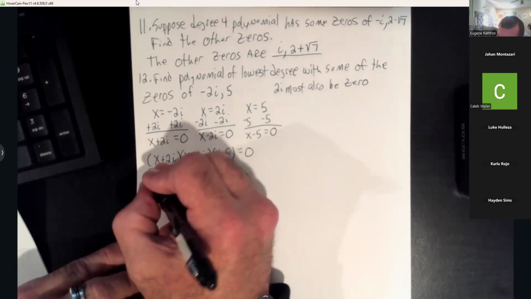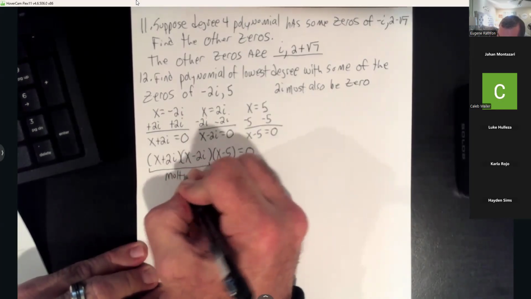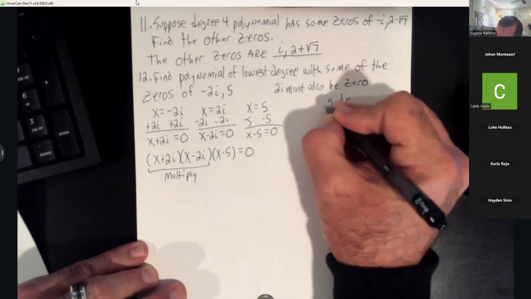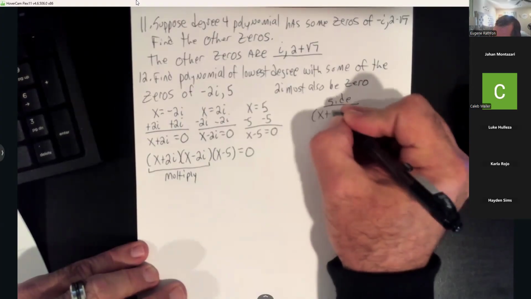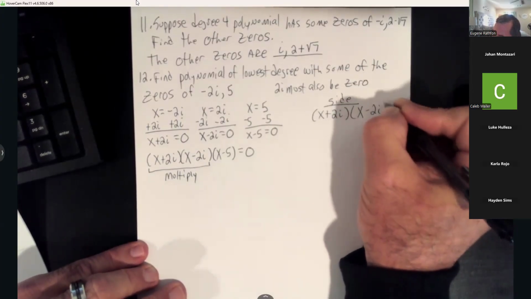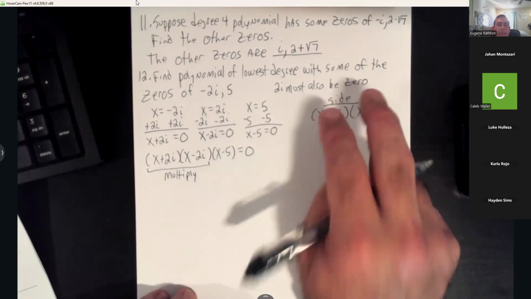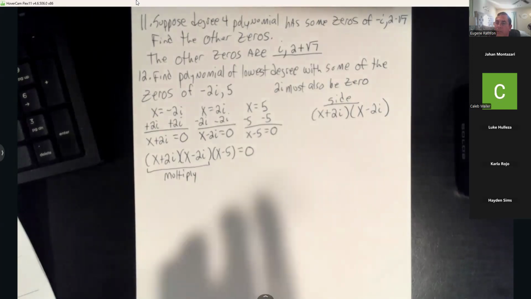All right, y'all, so you always want to start by multiplying the imaginary numbers first. So on the side, let's multiply the x plus 2i times the x minus 2i. Now, y'all remember, since these are imaginary conjugates, when I FOIL this out, the i will disappear.